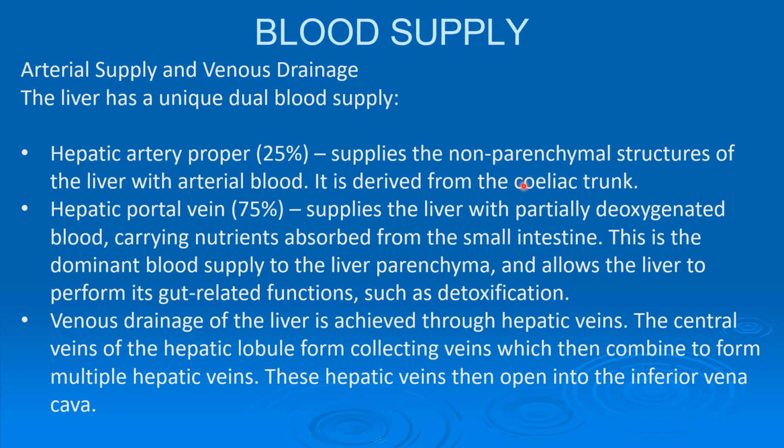It is derived from the celiac trunk, and the portal vein supplies partially deoxygenated, nutrient-rich blood from the small intestine. This is the dominant blood supply to the liver parenchyma, where the liver is able to perform gut-related functions such as detoxification. The venous drainage is through the hepatic vein, which drains into the inferior vena cava.